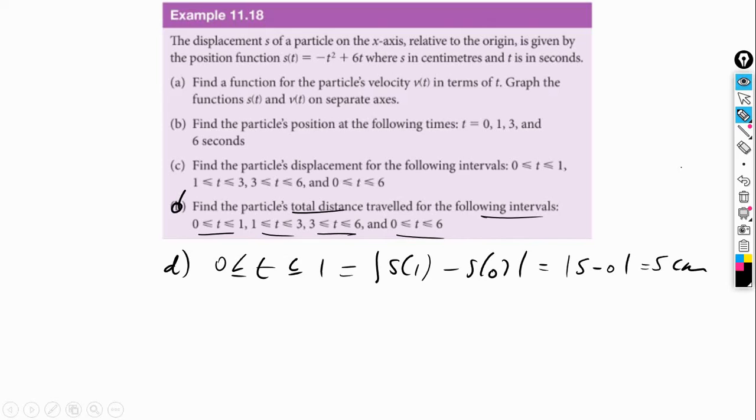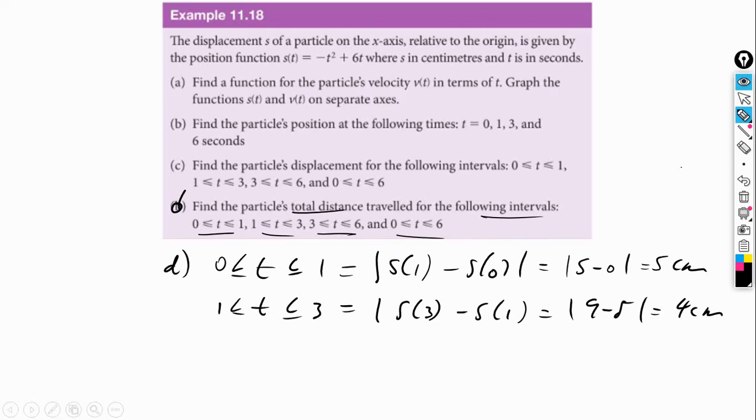The next interval is between 1 and 3. Again, the same process: absolute value of S of 3 minus S of 1, and that's going to be 9 minus 5, and that's 4 centimeters. So far no change from what we had gotten before.